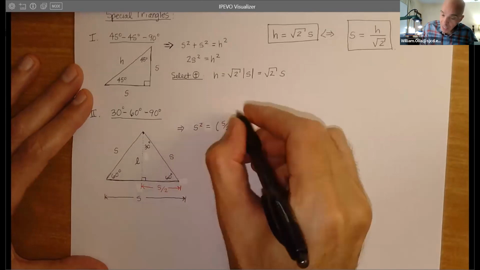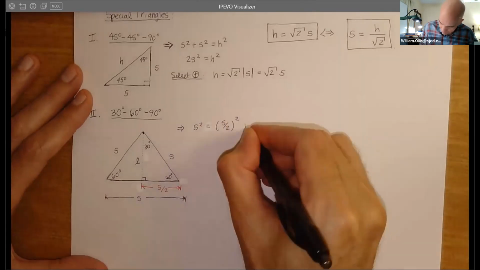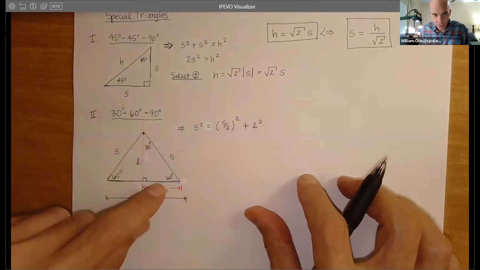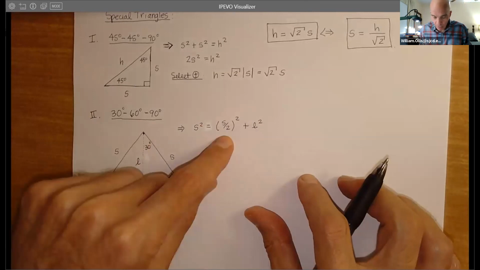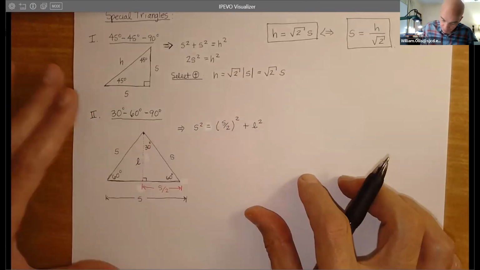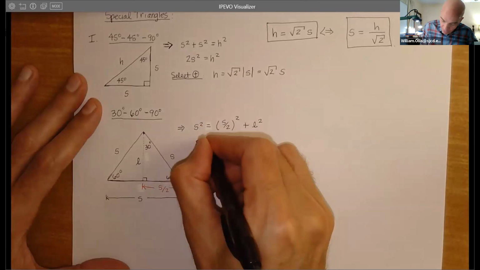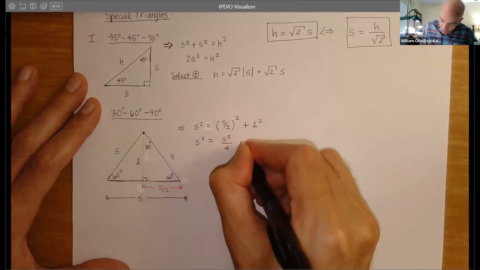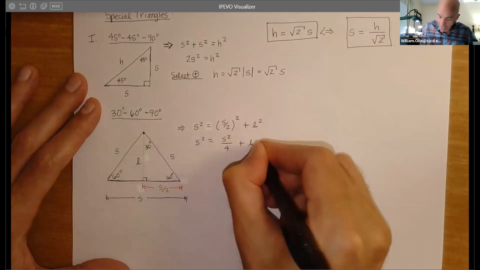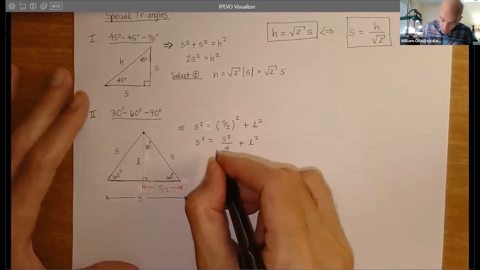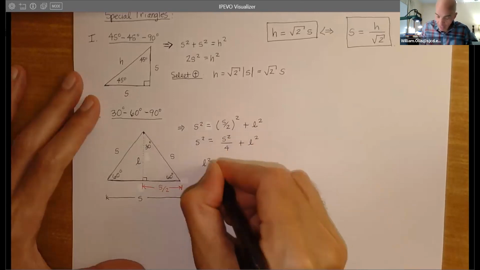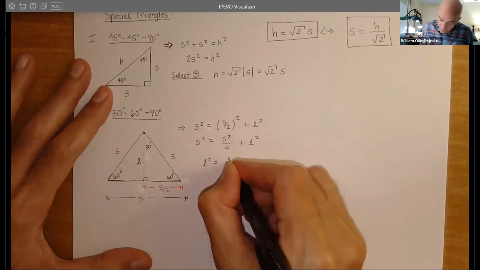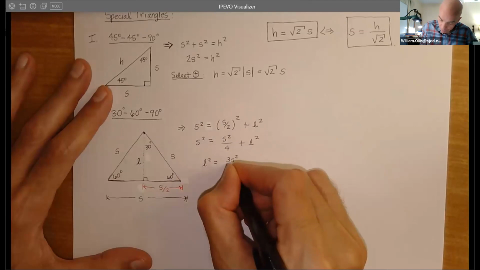Now the hypotenuse squared equals the sum of the squares of the legs. So S over 2 squared plus L squared. So we have S squared equals S squared over 4 plus L squared. And now we can solve for L squared. We'll just write the L squared on the left. And basically 1/4 from 1 will be 3/4. So we get 3 S squared over 4.